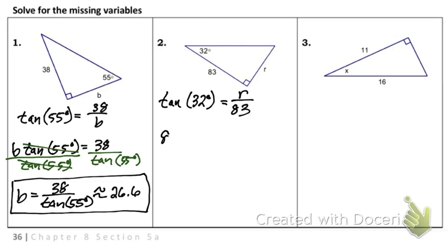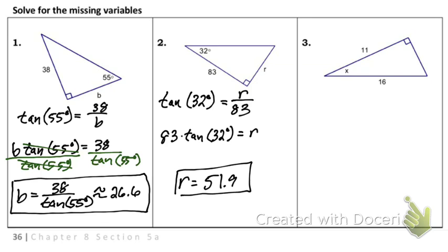So we'll have 83 times tangent of 32 degrees is going to equal my R. Can someone give me what my length R is to the nearest tenth? 51.9. Perfect. And once again, we wouldn't use a degree because it is a length. I'm also using tangent, so that always results in a length.